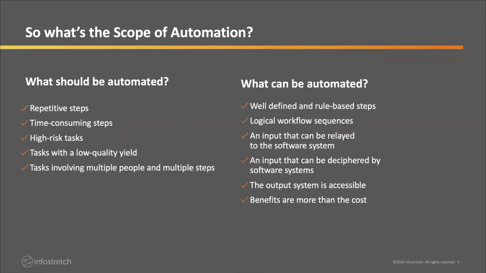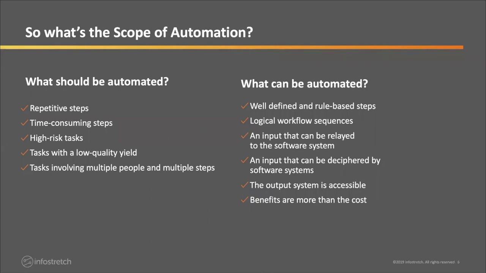Something that is well-defined, rule-based, has logical workflow sequences, and can render an input that can be consumed and deciphered by software systems, with output that can be accessed and reused by other software systems and applications in your business operations workflow. It's important that all these things are taken into consideration.